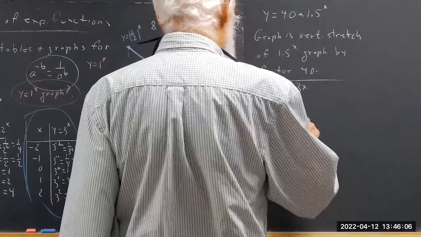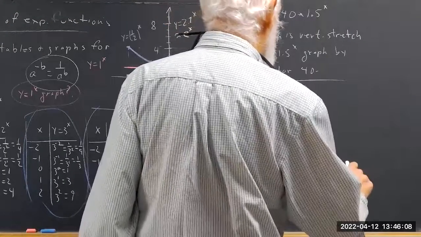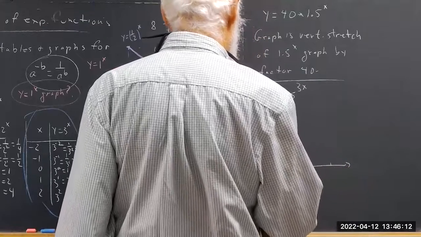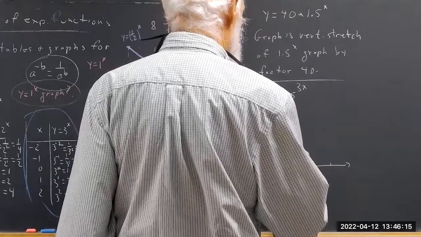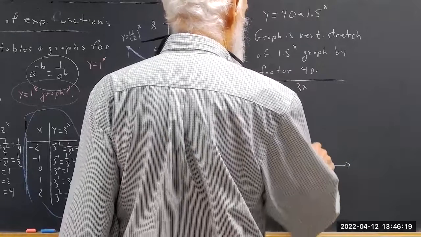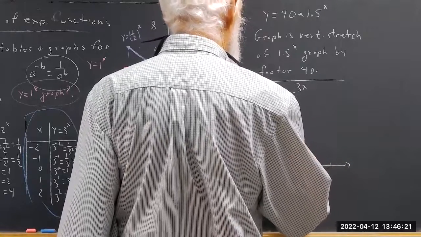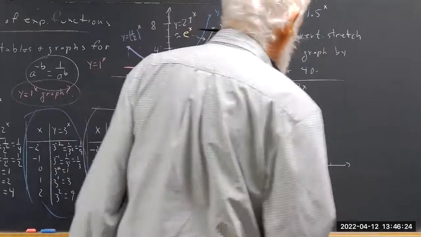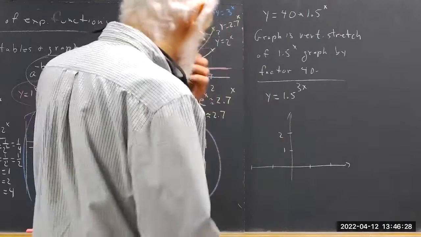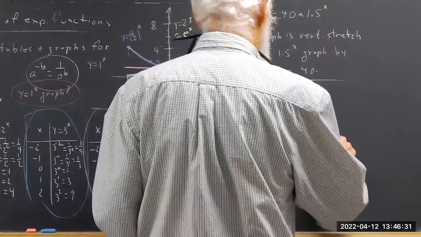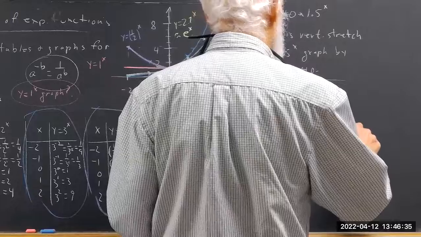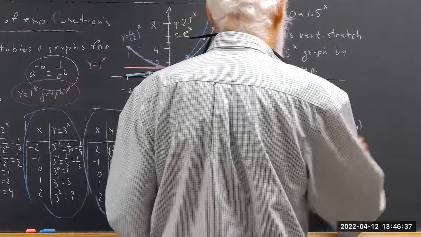Well, your graph of 1.5 to the x isn't hard to sketch. If this is 1 here, and then up here's 2, y equals 1.5 to the x is going to have a point 2, 2 and a fourth.